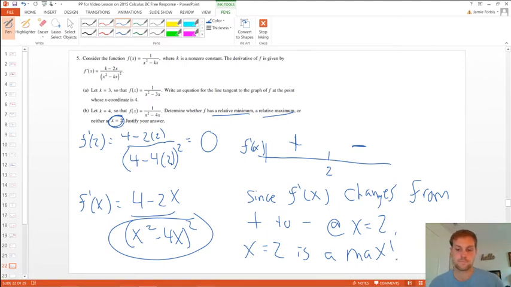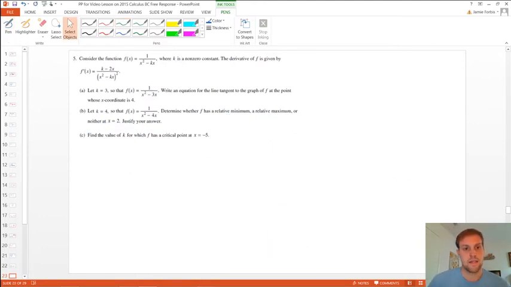Okay. All right, let's try C. C says find the value of k for which f has a critical point at x equals 5. Okay, so what does it mean to be a critical point? It means if I plug negative 5 in for x, then the derivative is going to equal 0. That's what makes it a critical point.